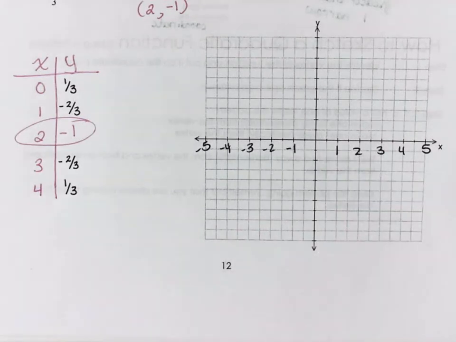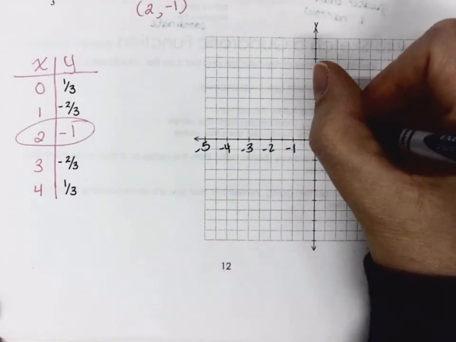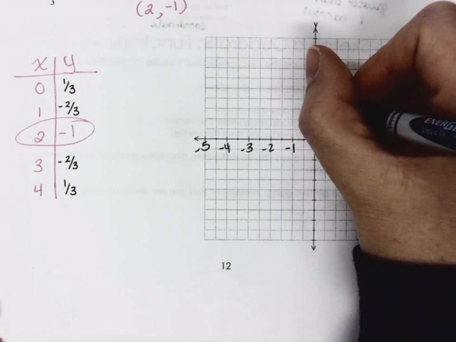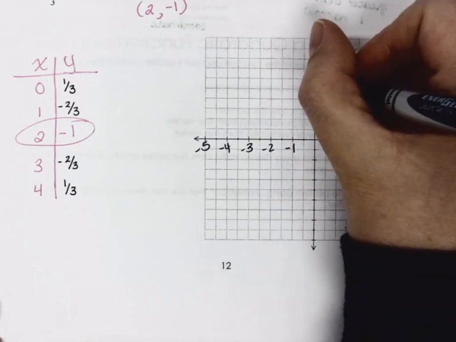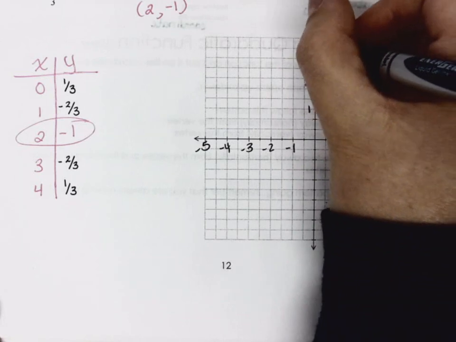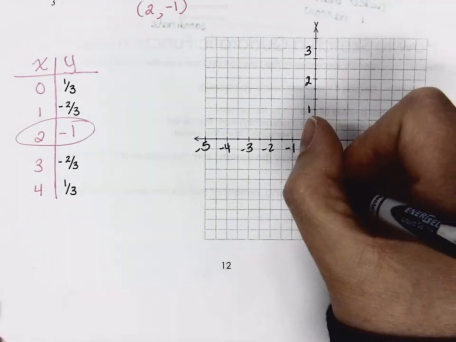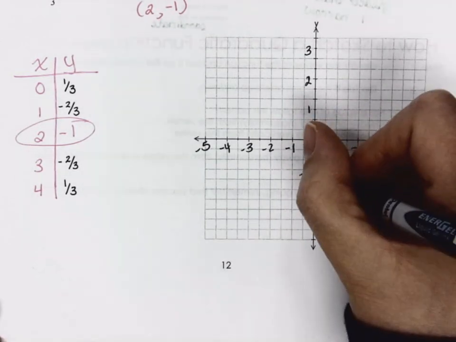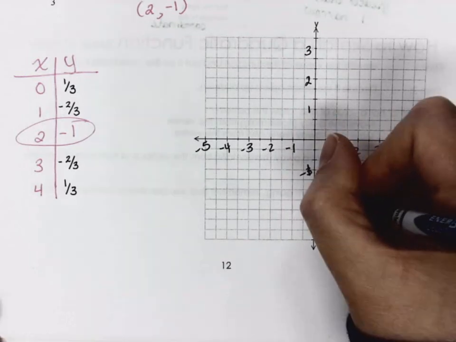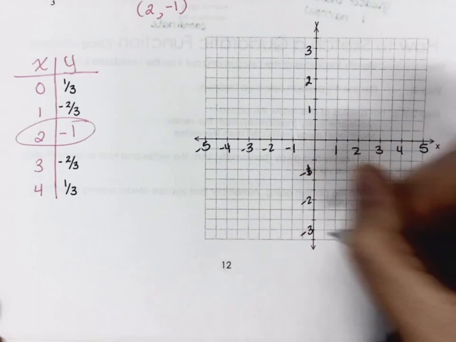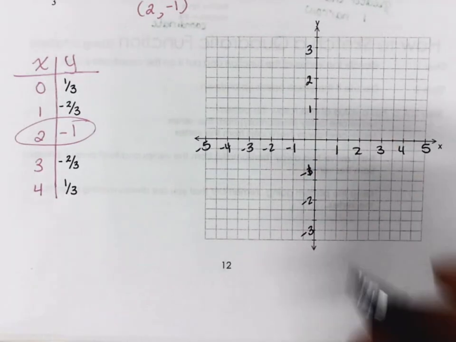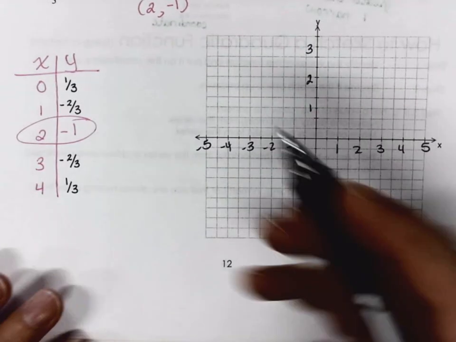I'm going to use every 3. I'm going to go up by 1. I'm going by thirds because that makes way more sense when I'm doing these increments here.